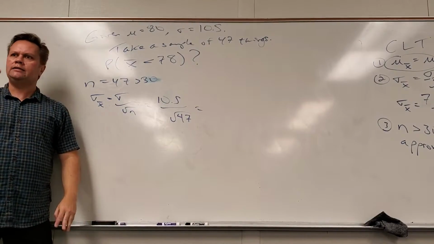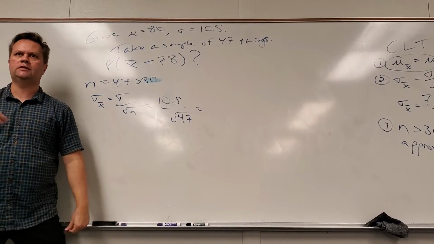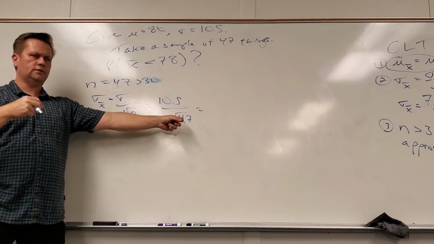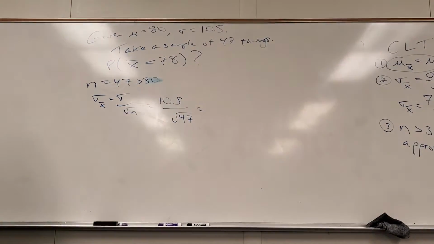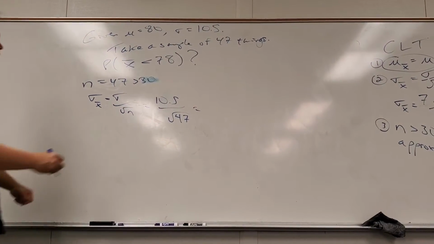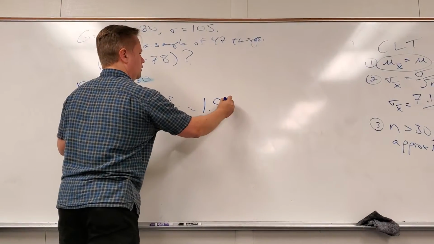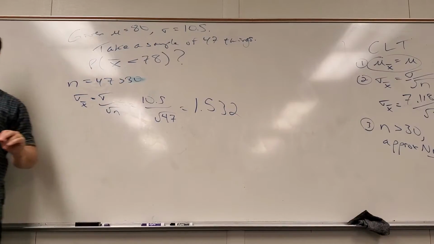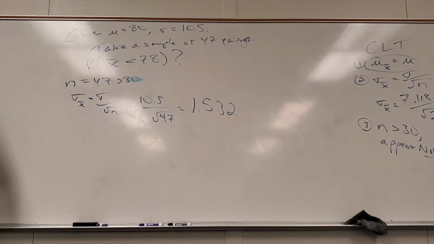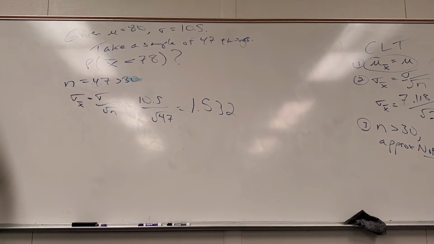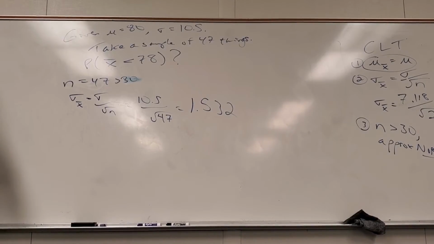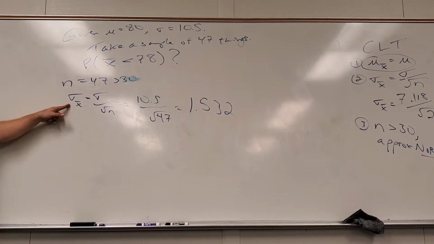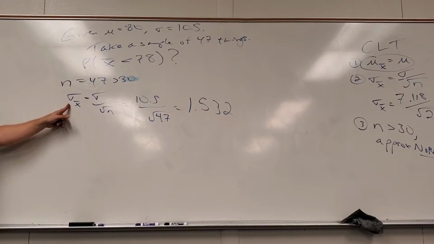No other ideas change. The z-score formula stays the same once I change this. What do you guys get for this? 1.532. Yes? Okay. How much new stuff have I done on this problem so far? This. And that's the last new thing I've got to do.